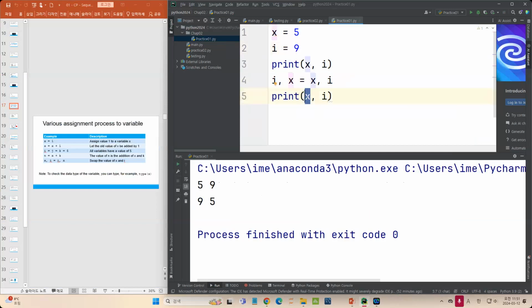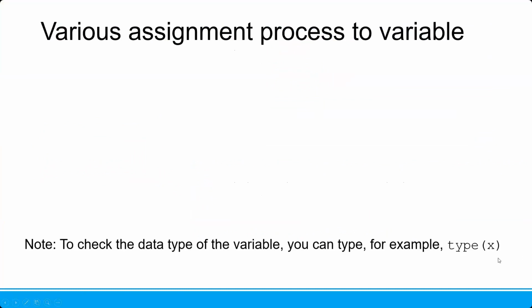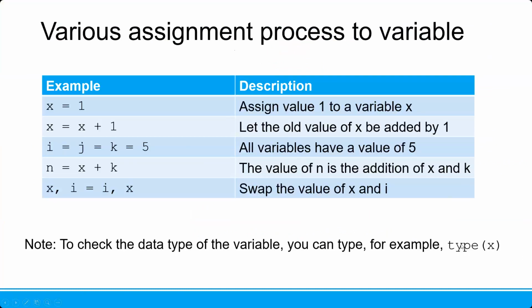So x becomes 9 and i becomes 5. If you want to know the type, I think you already know. We can use type with the variable name.